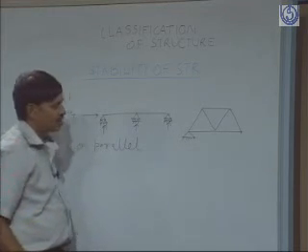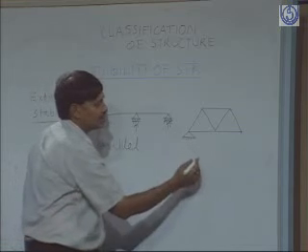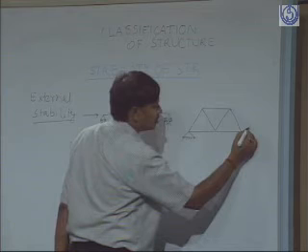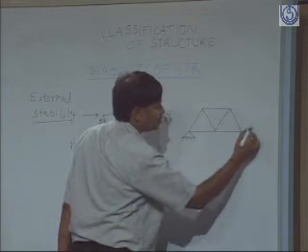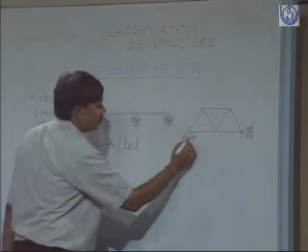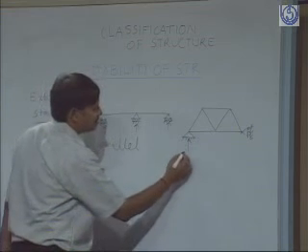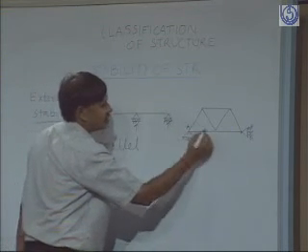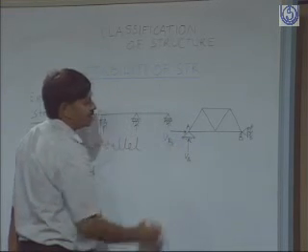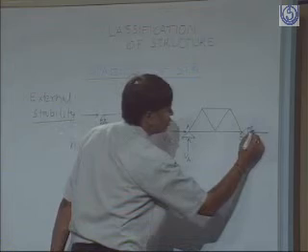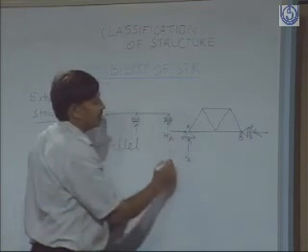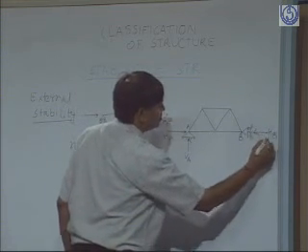Say this is a pin joint at this point, and then we put a roller support in the horizontal direction. Then what will happen? You have this component, say VA, this is A, B, again this component VB, and then this is HA and this is HB.